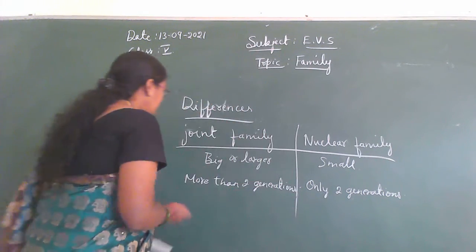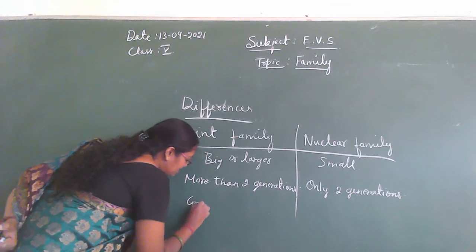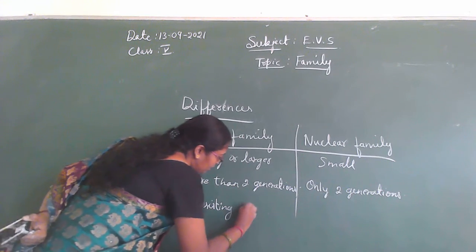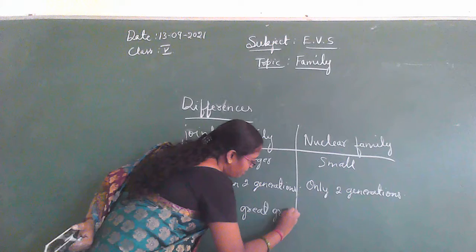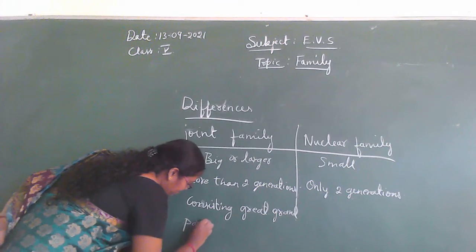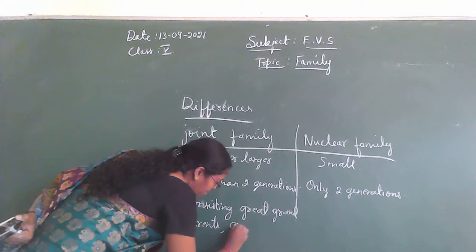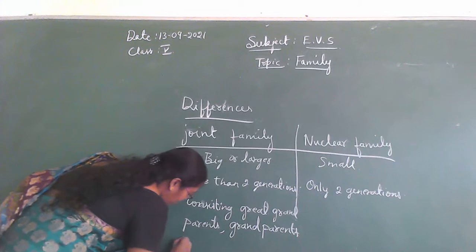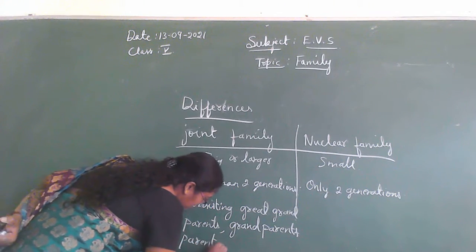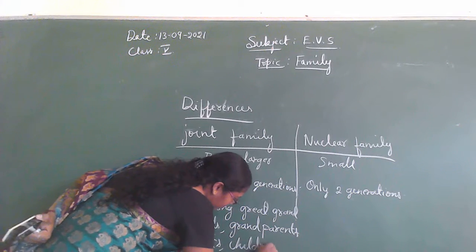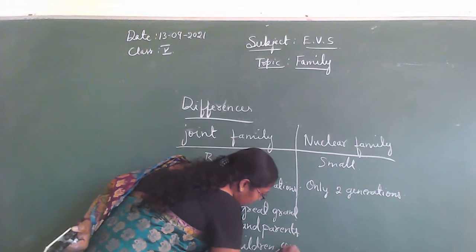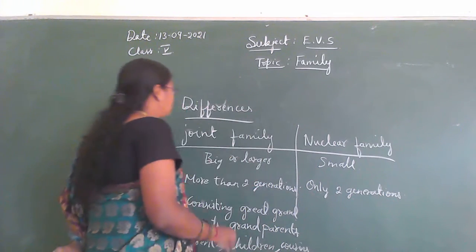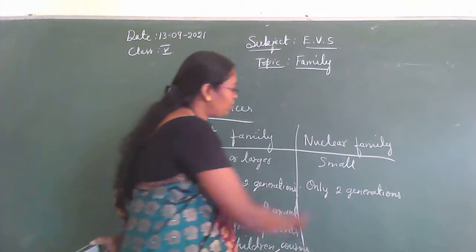Okay. Joint family is a larger family consisting of great grandparents and then grandparents, then parents, children and cousins. Is it? So then here, what about the nuclear family?